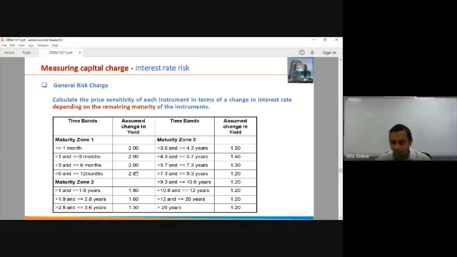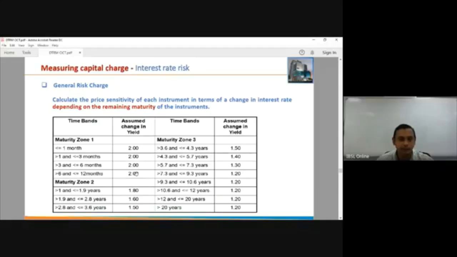Now by assuming that your yield rate will be 12%, say for example, you end up with a mark-to-market value of 95. So based on the original computation, your mark-to-market value is 90, and assuming that your yield rate will go up by 2%, it is 95.